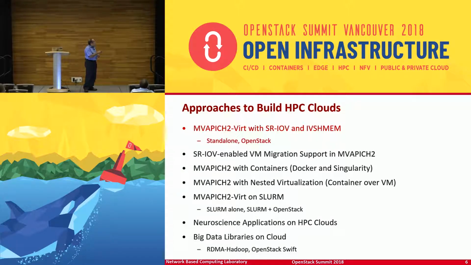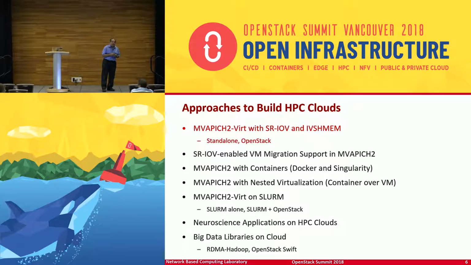Then I will introduce the VM migration support, and also support for containers, both on the Docker side as well as the Singularity side. And then I will go into some of the challenges in nested virtualization and how we can integrate very tightly with SLURM, in pure SLURM alone mode or SLURM from OpenStack. And then I will give some examples.